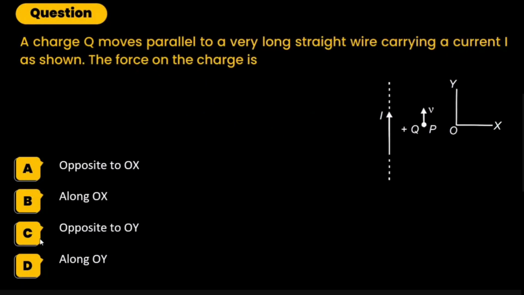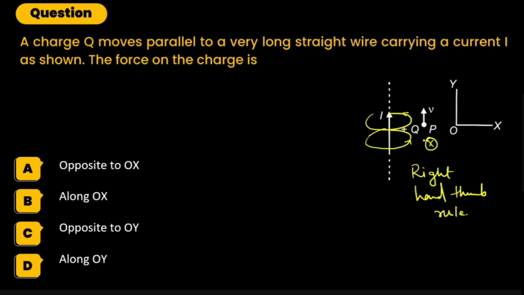Here you can see that the current is going through this wire in this way. Because of this current, if you remember, the magnetic field is like that in this direction. Which rule do we use to find the direction of magnetic field? Right hand thumb rule. Remember this. At the point P, if we want to write the direction of magnetic field, it is going into the plane, so we can represent it with a cross here.